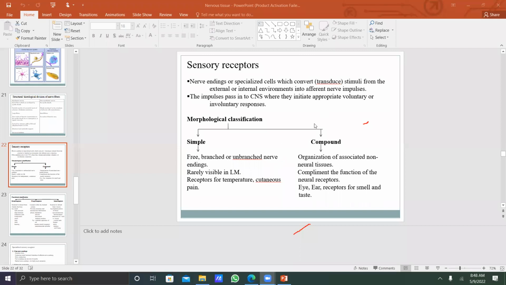And the other type is the compound, very organized sensory receptors. They have the organization of associated non-neural tissues. So, these compound sensory receptors can be seen in the eye, ear, and those receptors for smell and taste.